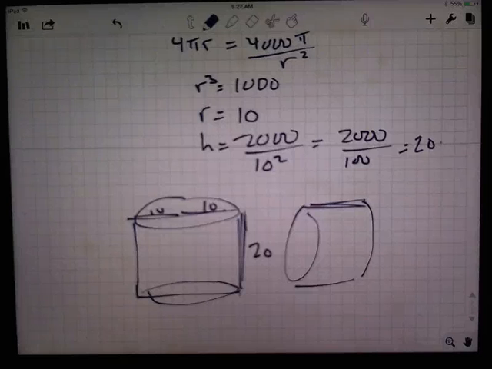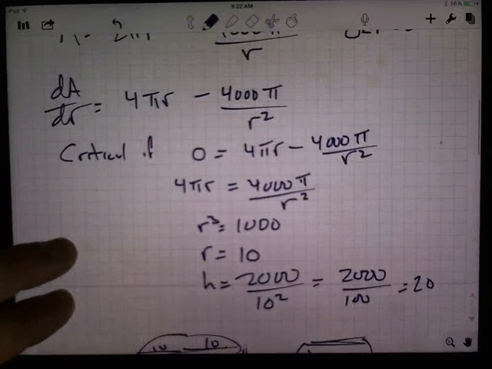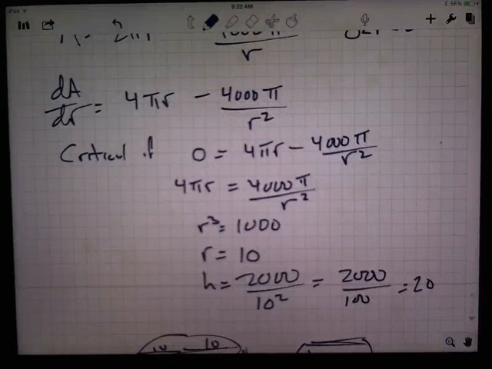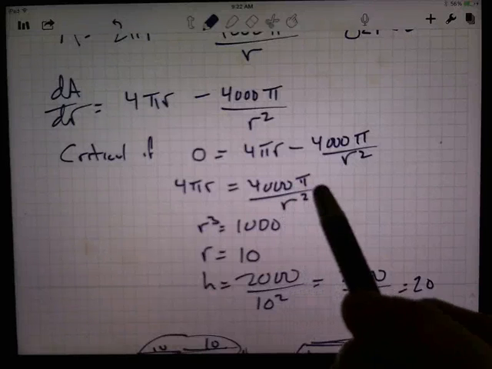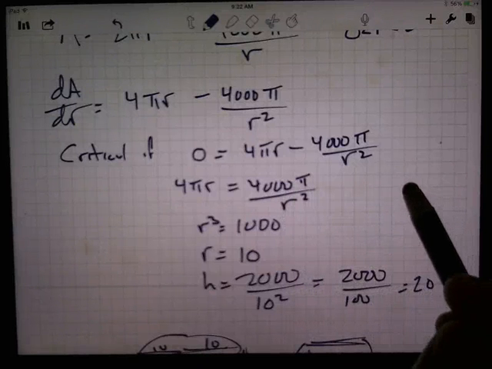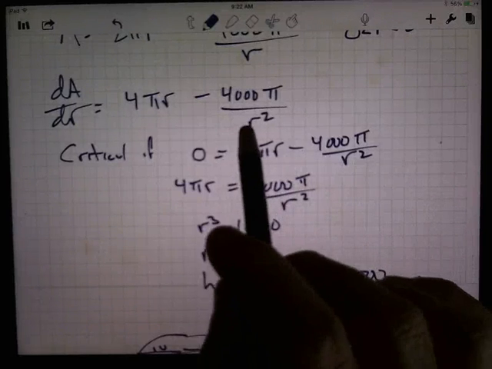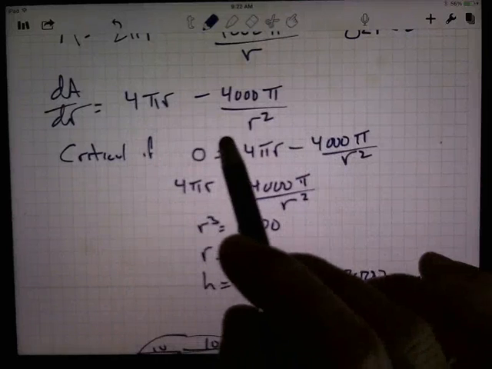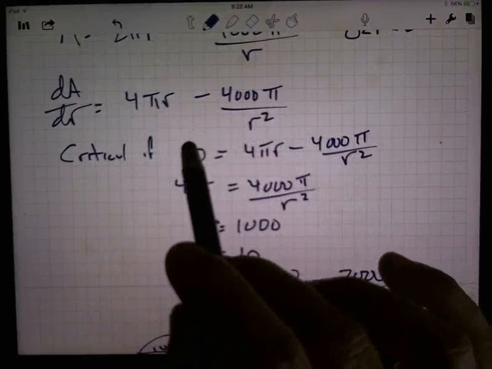Now, how do I know it's a minimum and not a maximum? Essentially what I'm thinking is I look at the graph of this thing.